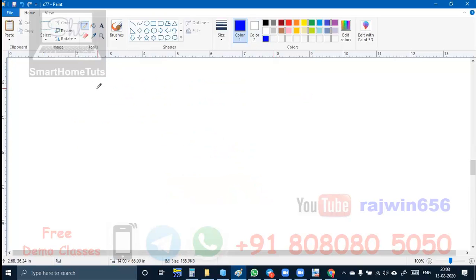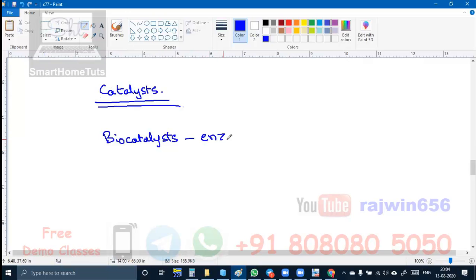We are coming to a catalyst. In specific, I'm going to consider biocatalysts. Okay, these biocatalysts generally are going to be enzymes.